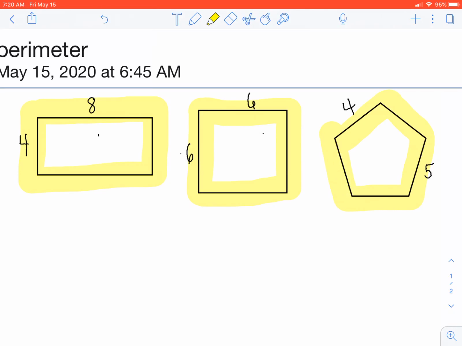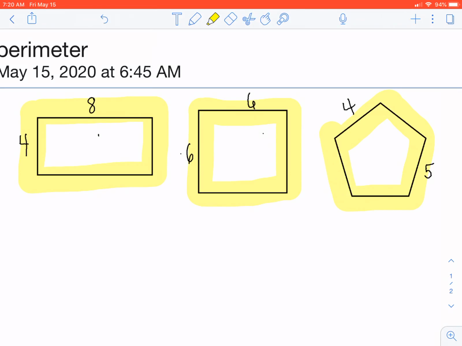Okay, so it seems pretty easy. The only thing is, sometimes when you look at the perimeter of a shape, it looks like the rectangle, and only two of the sides are labeled with how long they are.